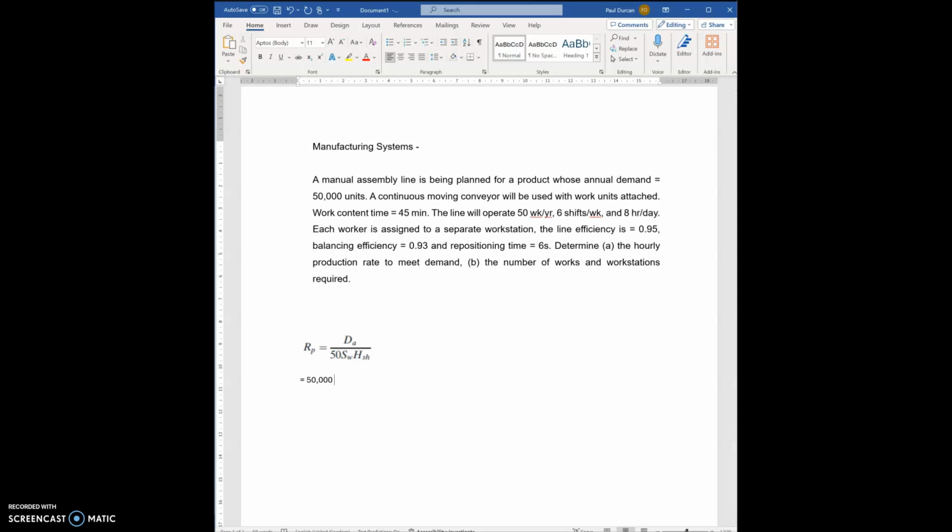So that's our 50,000, and that would be divided by our 50, in a bracket, multiplied by our 6 shifts. SW is shifts, and then the hours per shift is 8. So it's 6 by 8.